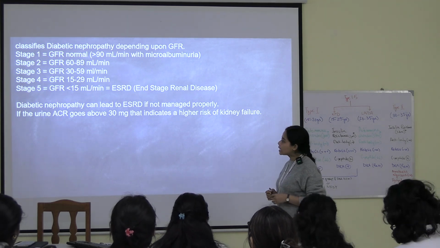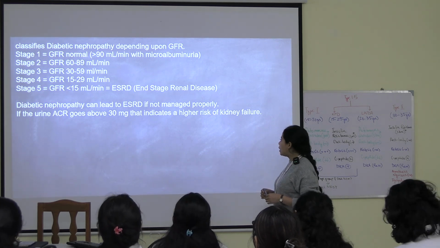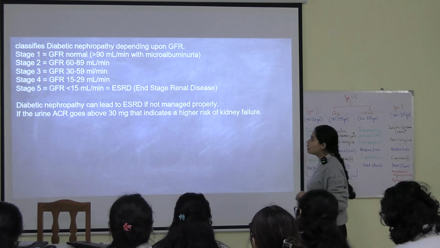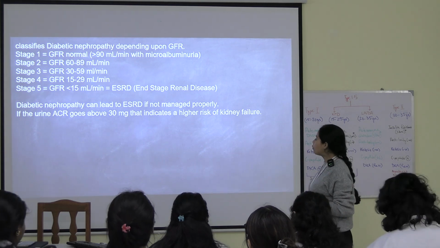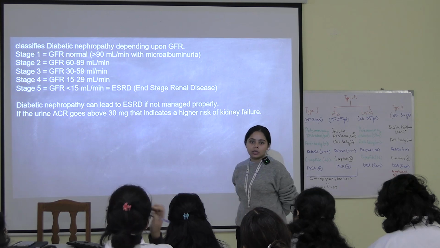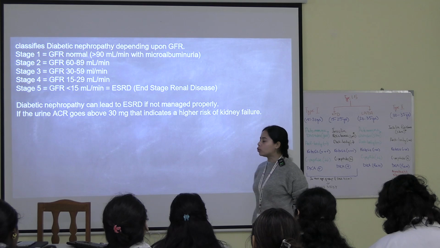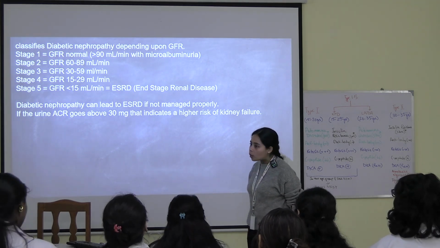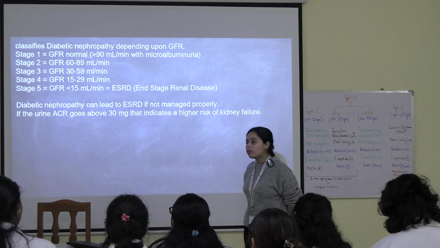If the urine ACR goes above 30 mg, that indicates a higher risk of kidney failure. Now suppose a newly diagnosed or late diagnosed diabetic patient, you checked the GFR and you saw that it is not stage 1, it is stage 3, that is GFR is 30 to 59.